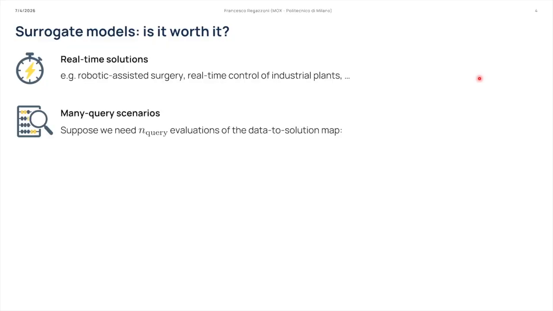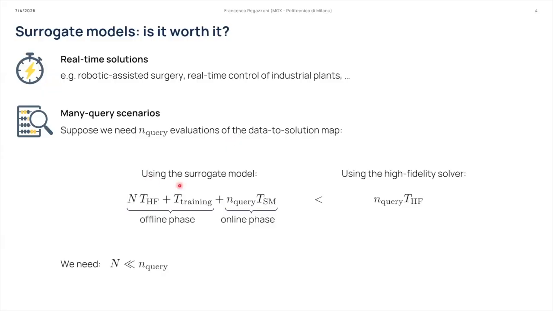Or second, when we need to query our model several times. Suppose that we need to do n query evaluations of the map from the data to solutions, then using a surrogate model requires this computational time. So we have an offline phase where we need, first of all, to generate the training samples, then we need to train the model, and then we need to query the surrogate model.